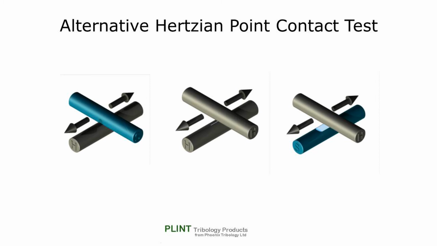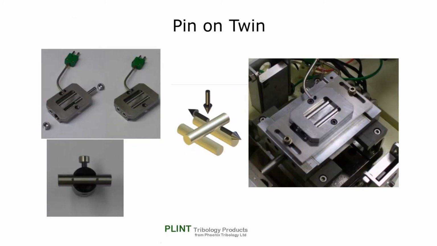For various reasons, the geometry seems to produce much more accessible and understandable results. For practical purposes, reciprocating cross-cylinder experiments are best performed using the pin-on-twin geometry first used by Truhan, Qu and Blau at Oak Ridge National Laboratories.